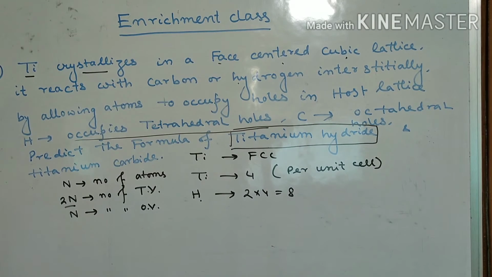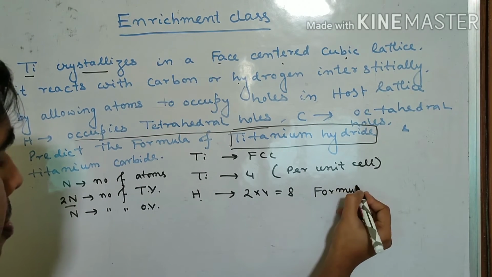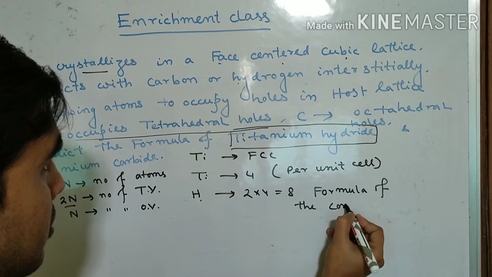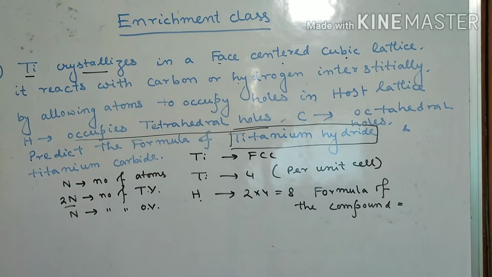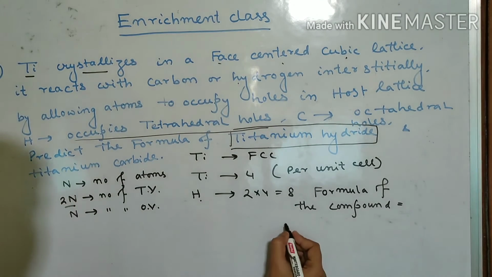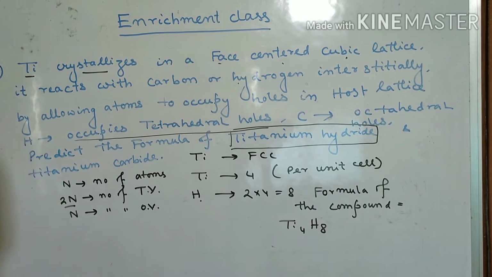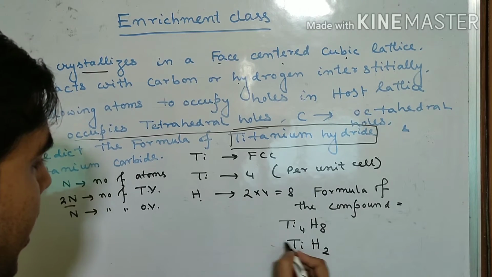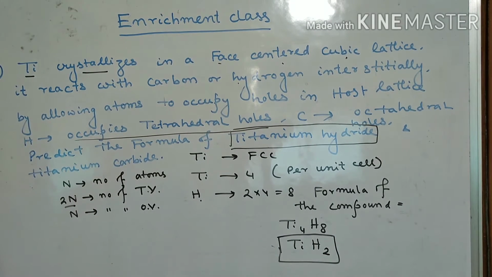So the formula of the compound should be Ti4H8. But we do not write the formulas like this. So the simplified formula will be TiH2. This is the formula of the titanium hydride.